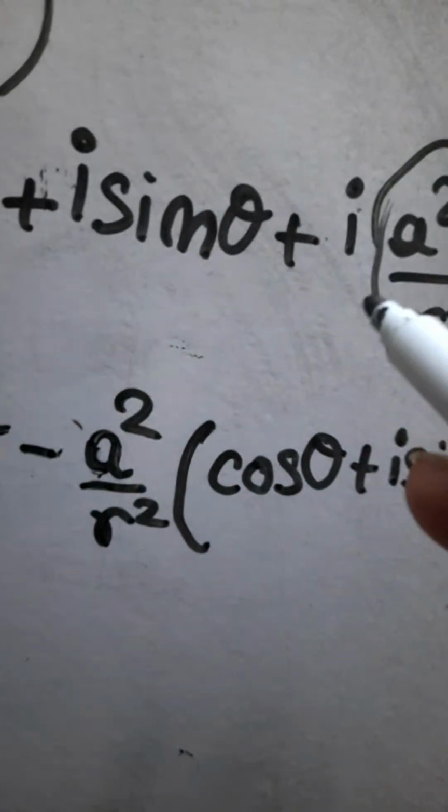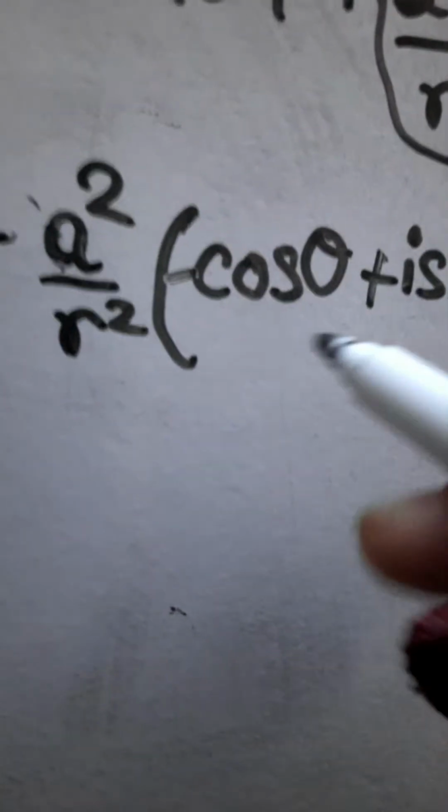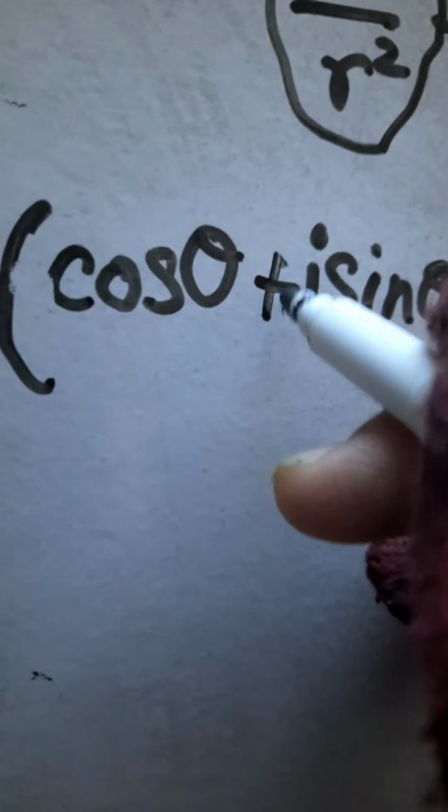So this was actually plus, so I took the minus sign out, and I divide both by minus. Minus divided by minus gives positive, and plus divided by minus, opposite signs, gives negative. So this is like this.